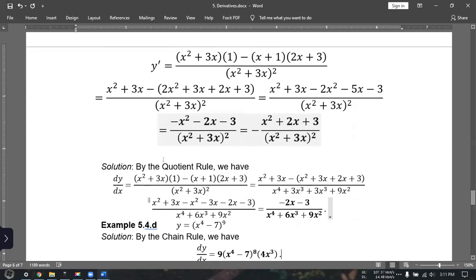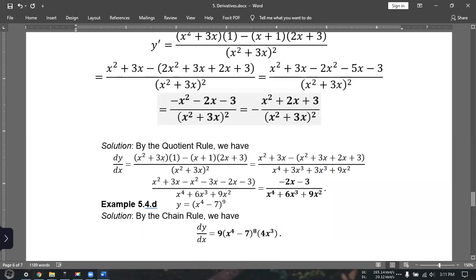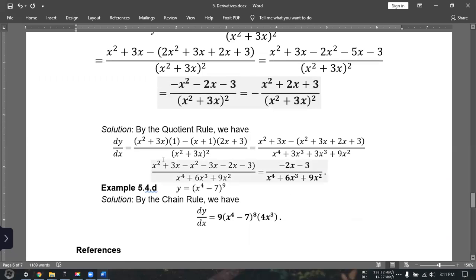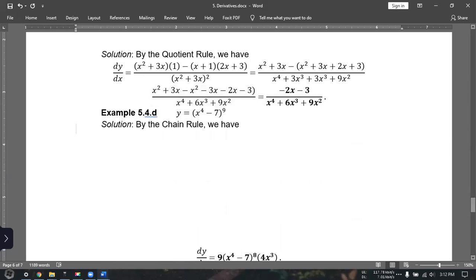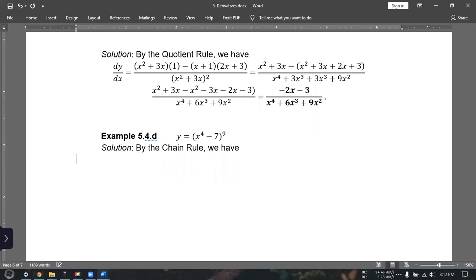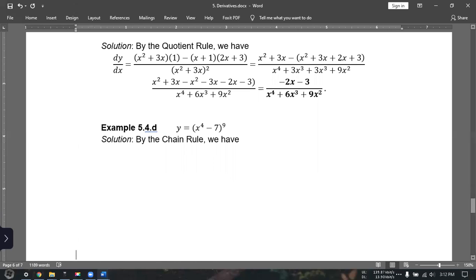And then we have the chain rule. So let's say we have y equal to the quantity x to the fourth minus 7 raised to 9.